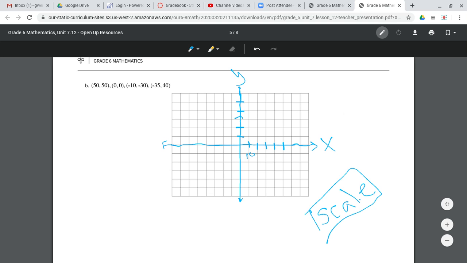All right, let me include some of those values. This is 10, 20, whoops. That was not a 20. I'll skip the 20. This will be 30, 40, and then 50. So I only wrote the odd numbers down just because space-wise, I don't have a lot of space to write between these. You can write all of them by all means, but I'm a little bit more limited space-wise.